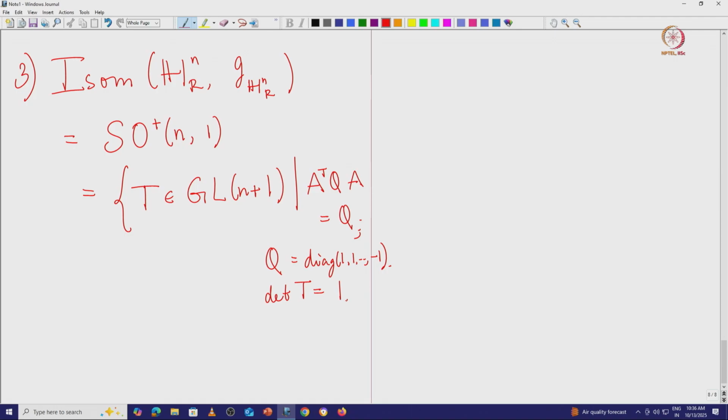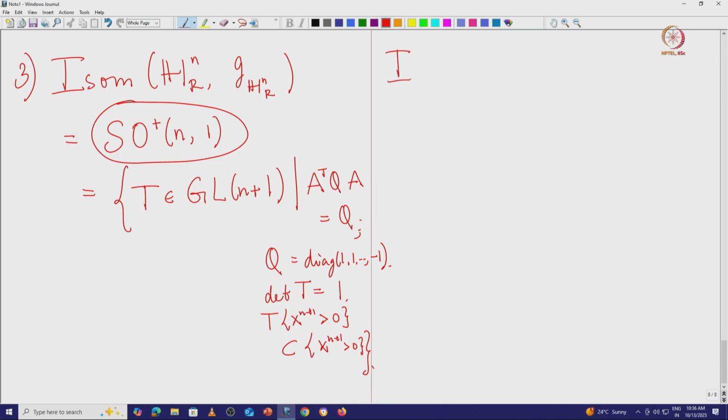And T maps the space where x_(n+1) is positive into x_(n+1) is positive. Okay, so this is the full description of this group SO^+(n,1). So it turns out that the isometry group, not surprisingly, is given by this group.